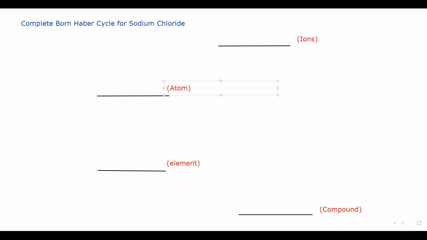Now, because we want to write this for sodium chloride, which is NaCl, what compound do we need? We need NaCl in a solid state. What are the elements reacting here? To form sodium chloride, sodium will be there in a solid state, and chlorine, which is a gas.